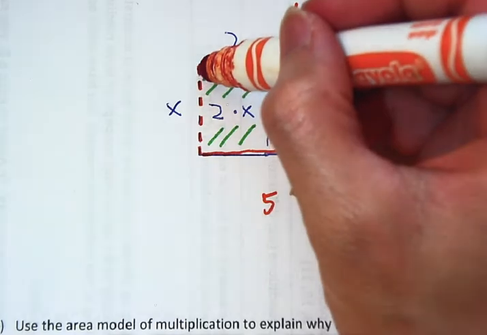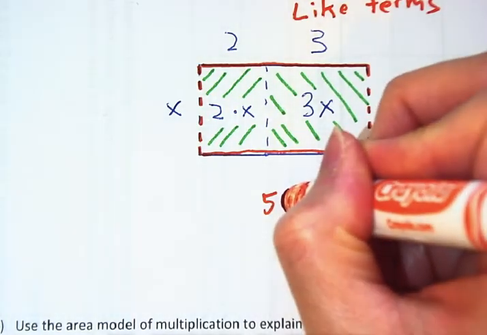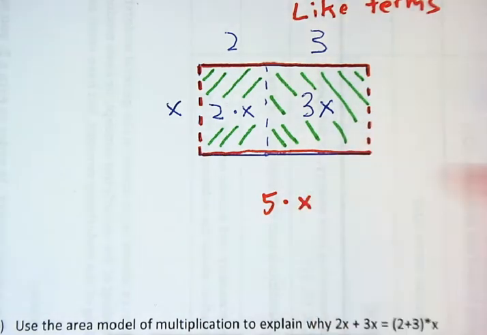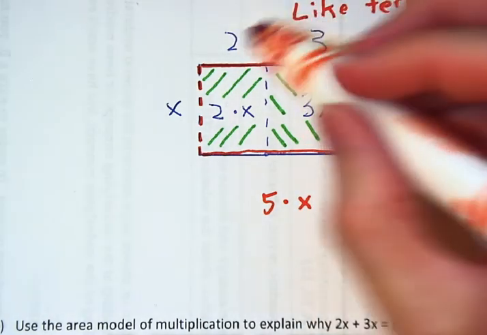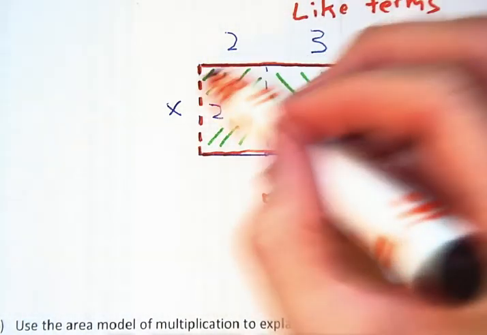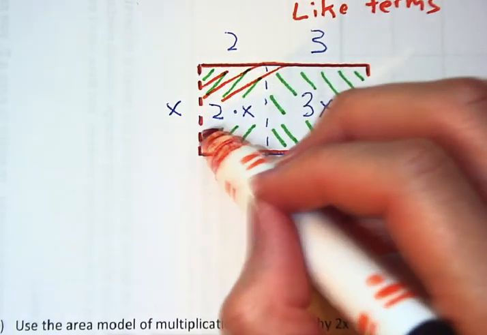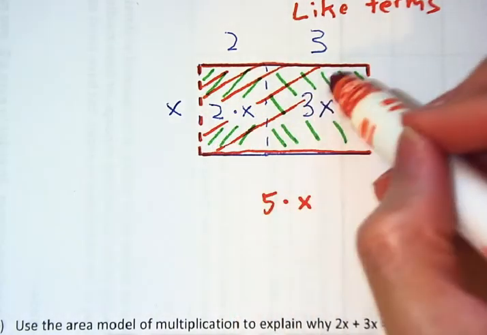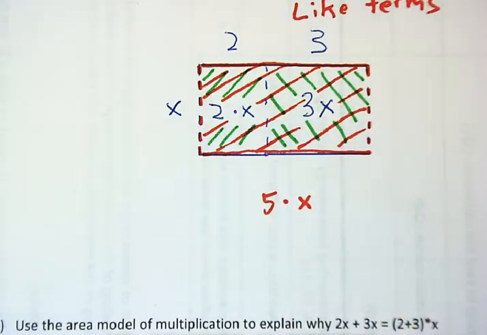And the distance from here to here is x. So 5 times x. That would represent the whole area inside the much larger rectangle.